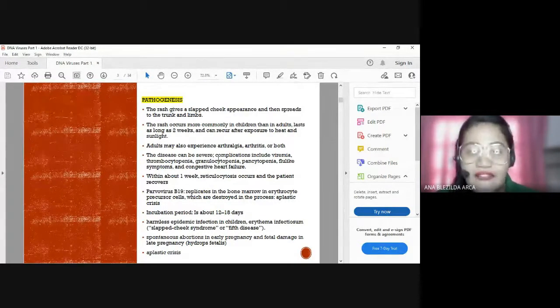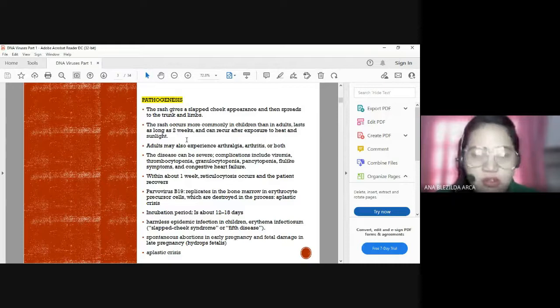So, what is the sign that the patient is now starting to recover from the infection? Magkakaroon siya ng reticulocytosis. Ibig sabihin noon, yung kanyang bone marrow nag-bounce back na, gumagawa na uli ng mga RBCs. Kaya mataas ang reticulocytes. Okay? So that is what happens when the patient recovers. Again, target niya yung young RBC, di ba?